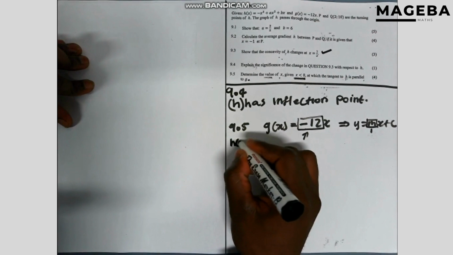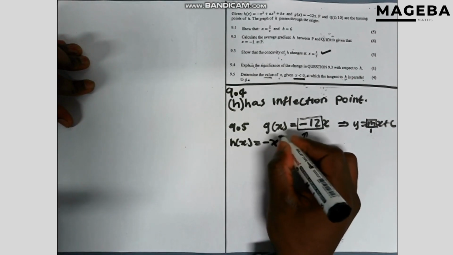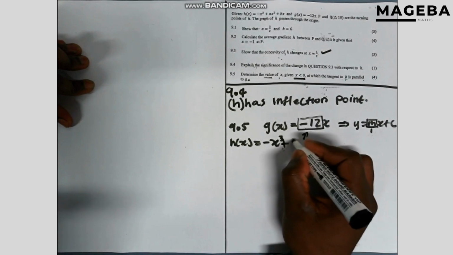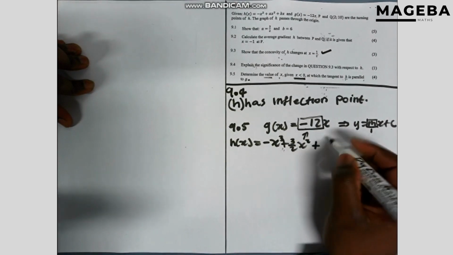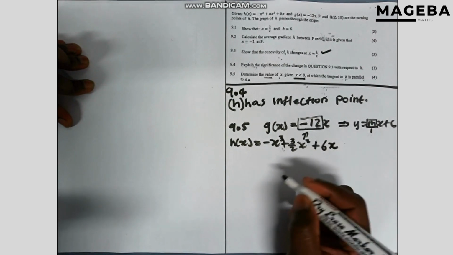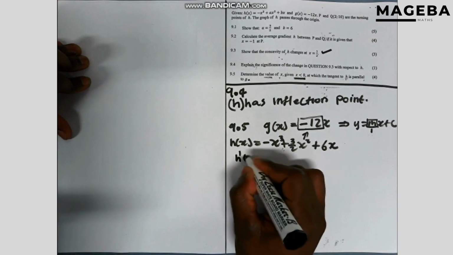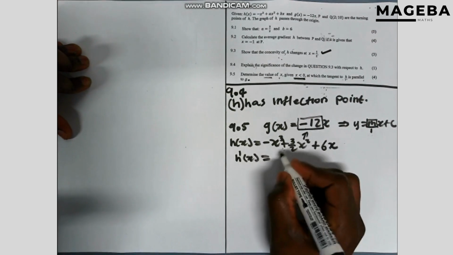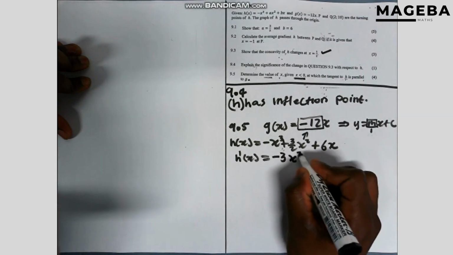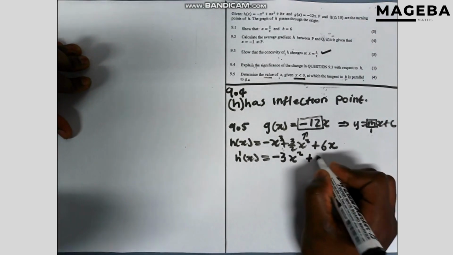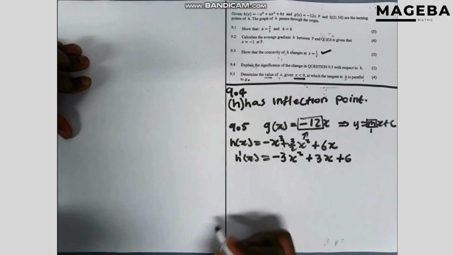So now how are we going to tackle this? Let's first write our original equation. It's negative x cubed, then plus 3 over 2 x squared, then plus 6x. Now derive this by finding negative 3x squared, and then plus 3x, and then plus 6.